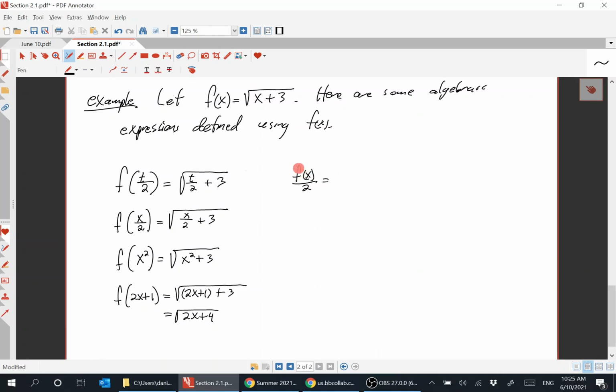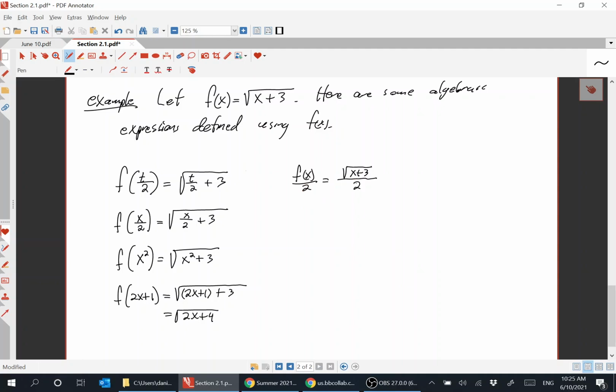Take the entirety of f of x and divide by 2. What algebraic expression is being spoken about here? What goes here? Just the square root of x plus 3. F of x is the square root of x plus 3, and then I can divide that by 2.